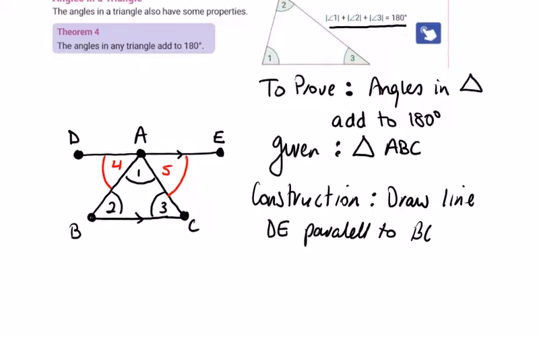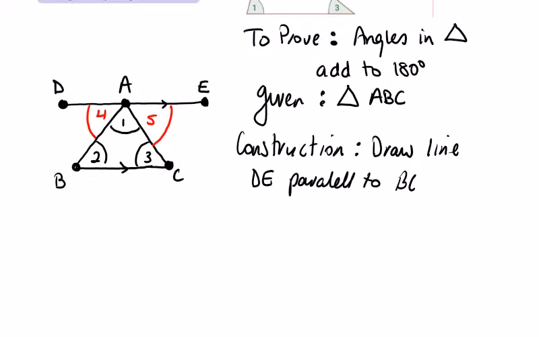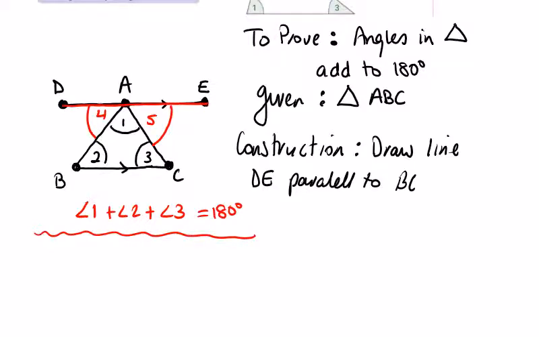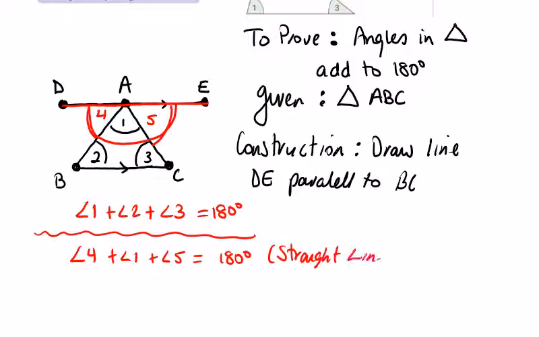Okay, so we want to prove that angle 1 plus angle 2 plus angle 3 is equal to 180. So what do we know? Here's my proof. I've got a straight line up the top here. So what can I say about 4, 1 and 5? Angle 4 plus angle 1 plus angle 5 is equal to 180. Why? Because of a straight line. And I do want you to be able to prove this.